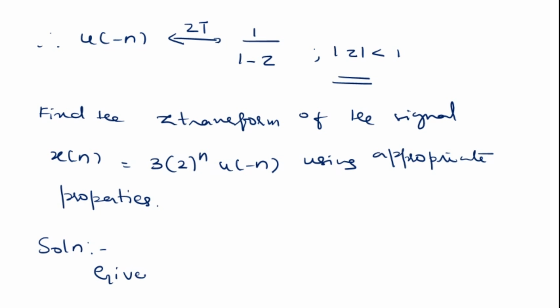It is given x of n is equal to 3 into 2 to the power n into u of minus n.